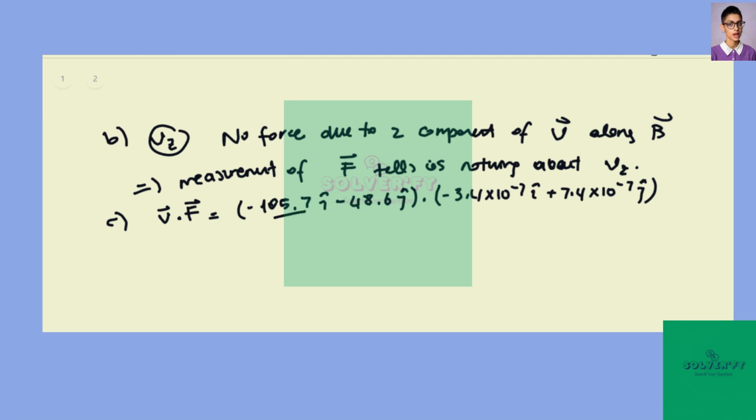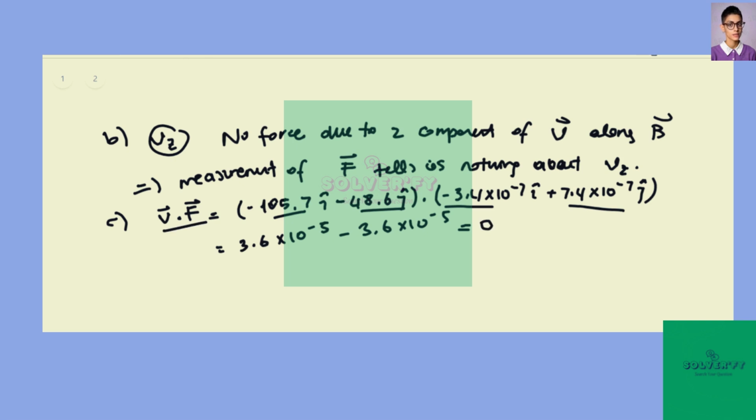The multiplication of the components of i hat, we're going to get 3.6 times 10 to the power of negative 5. And then from the second term, we're going to get the same number, only this time we have negative of it. As you can see, this equals 0.